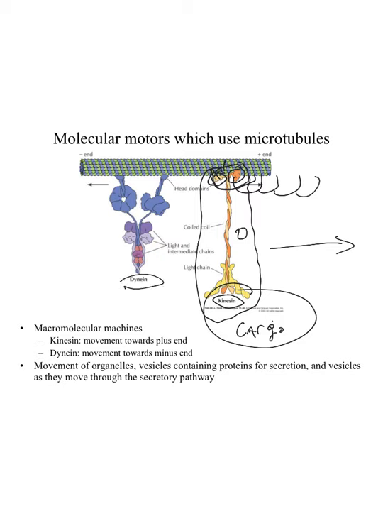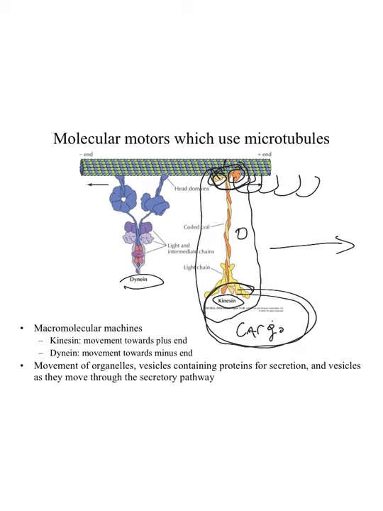Dynein is the molecular motor that moves from the plus towards the minus end, or from the periphery towards the nucleus. So when we talked about the endomembrane system and material moving through the cell, one thing I didn't tell you is that the transport vesicles that move the material from one place to another have to get hooked up to a motor protein to move.